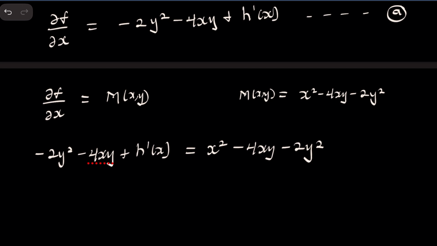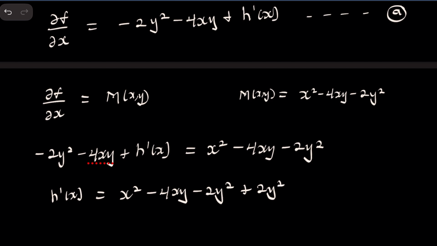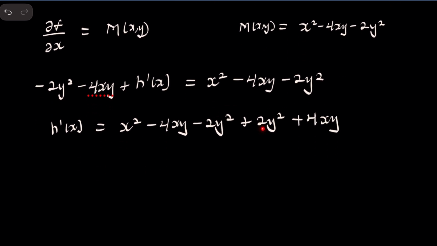Simplifying this, we are going to have h prime of x is equal to x squared minus 4xy minus 2y squared, then plus 2y squared plus 4xy. This will cancel this, and this will also cancel that. And so our expression simplifies to h prime of x is equal to x squared.